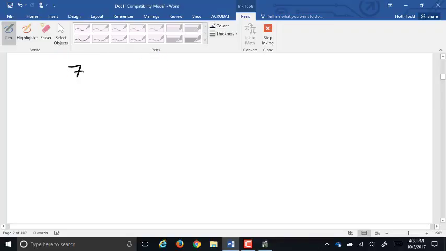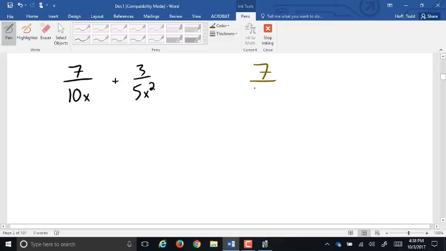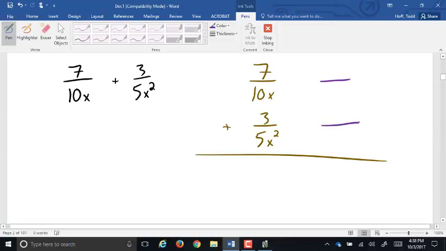So if I have 7 over 10x plus 3 over 5x squared. My least common denominator, or my least common multiple, for 10 and 5 would be 10. How about for the x? X squared.